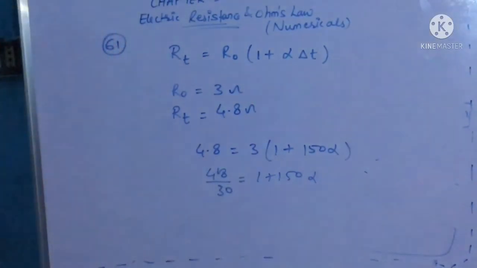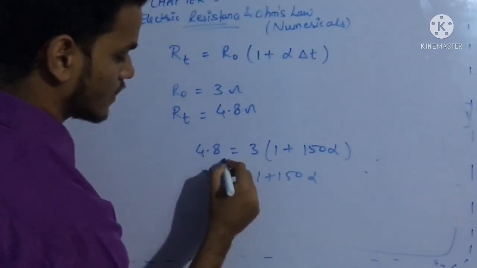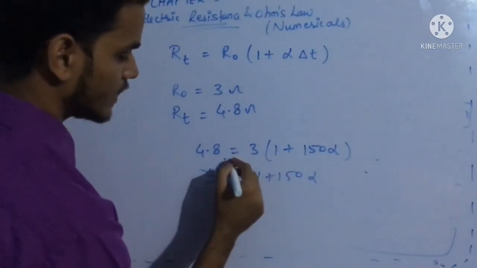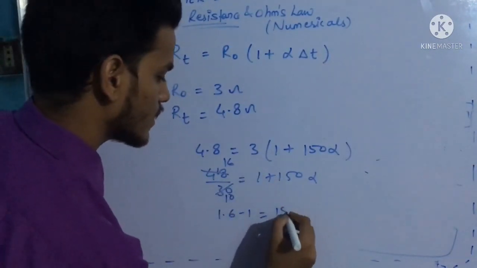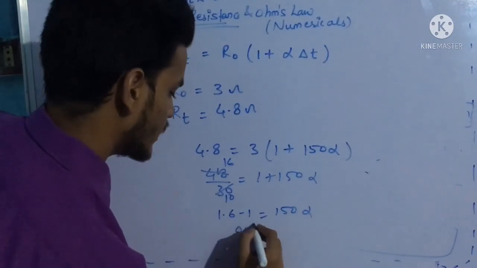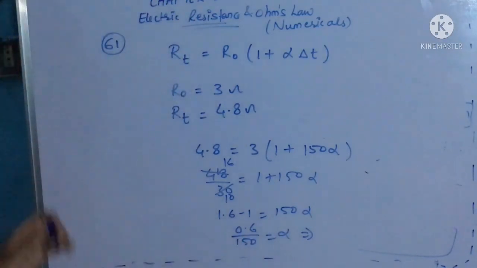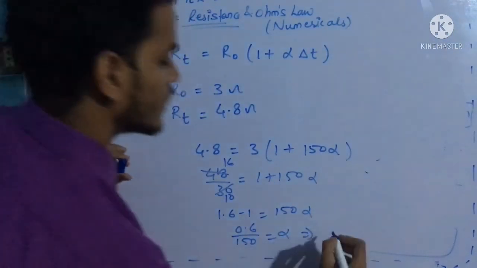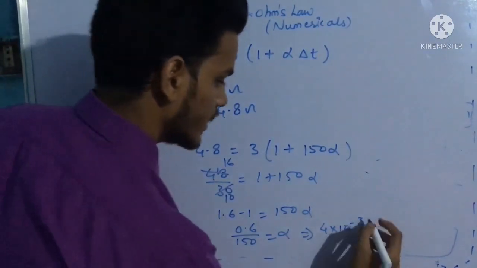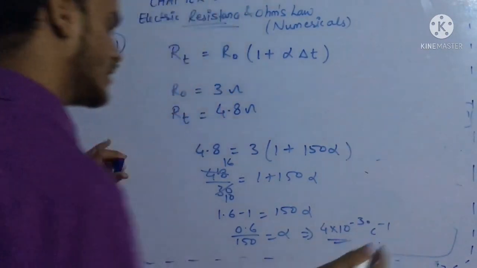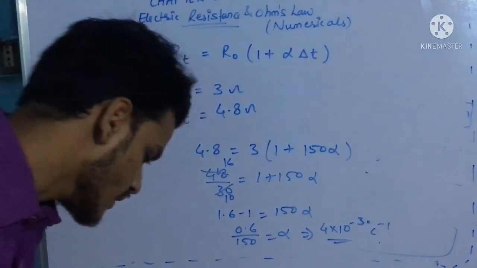Now on solving it, 3 ones are 3 and 3 sixes are 18, meaning it is 1.6, and this 1 will come here. This is 0.6 upon 150. Now on dividing 0.6 by 150 we will get the answer 4 into 10 to the power minus 3 per degree Celsius. Okay, 4 into 10 to the power minus 3 per degree Celsius.